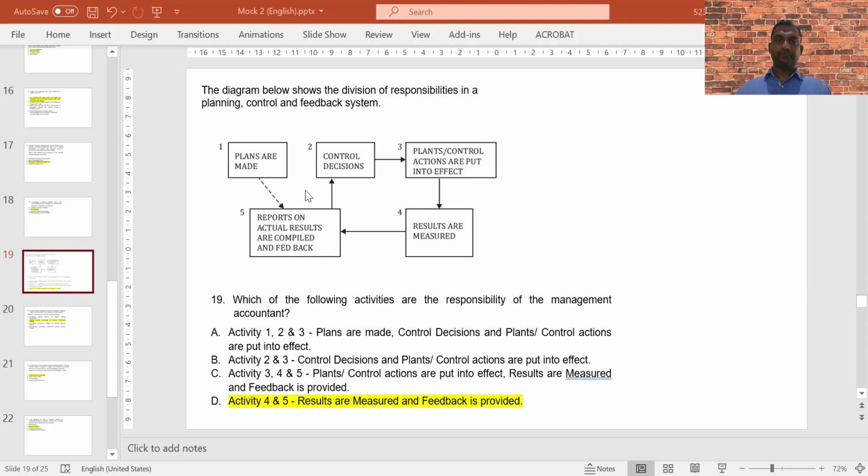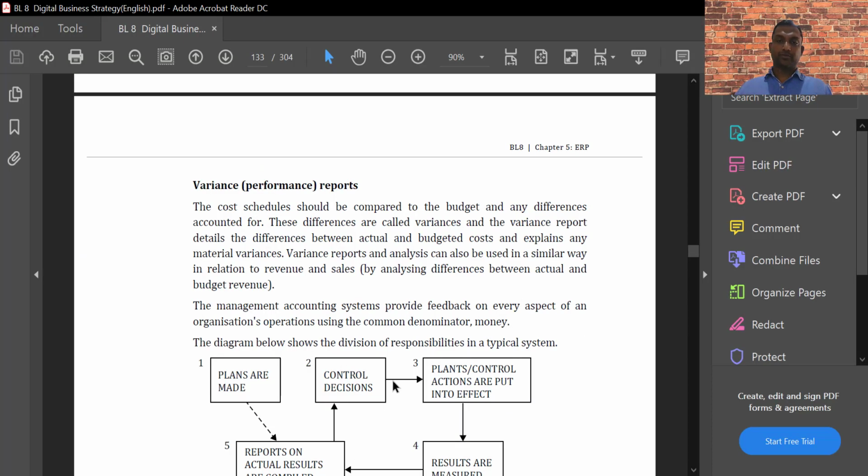Plans are made, control decisions, control actions are put into effect, results are measured, and then finally reports on actual results are compiled and feedback given. So some of these steps are performed by accountants and some of them are performed by the management.